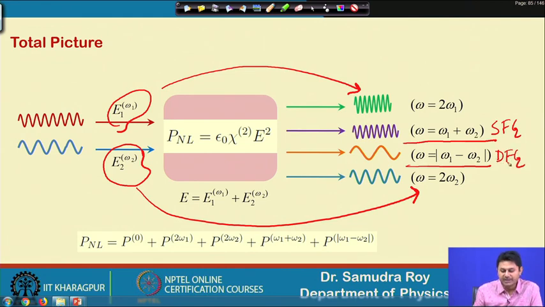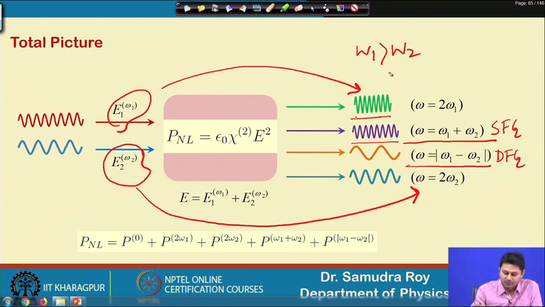If you look at the picture, the frequencies are represented according to their weightage. For example, if this is omega 1 and omega 2, omega 1 plus omega 2 will give you some high frequency like this, and 2 omega 1 will be some frequency. If omega 1 is greater than omega 2, then 2 omega 1 is greater than omega 1 plus omega 2.